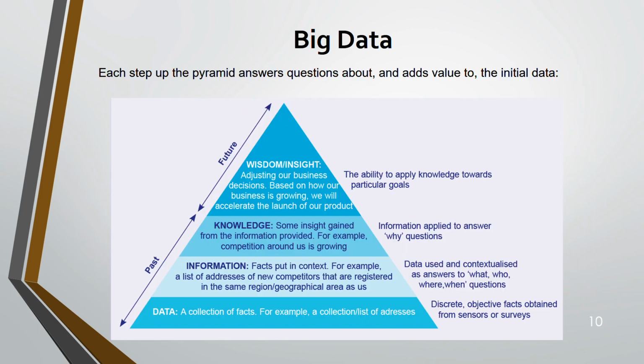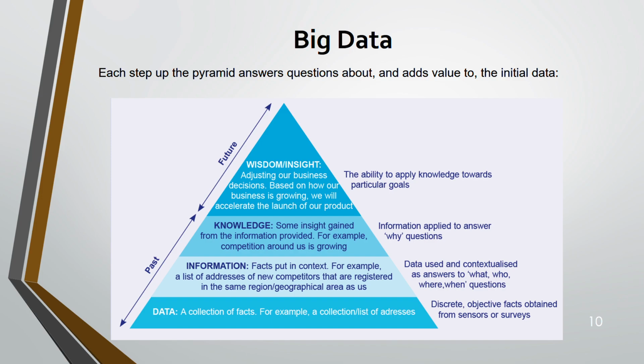Next is the same data, information, knowledge, wisdom. Each step of the pyramid, as you move upwards, adds value, and it answers questions also. So we'll start with the lowest level, that is data. Data, information, knowledge is for the past.